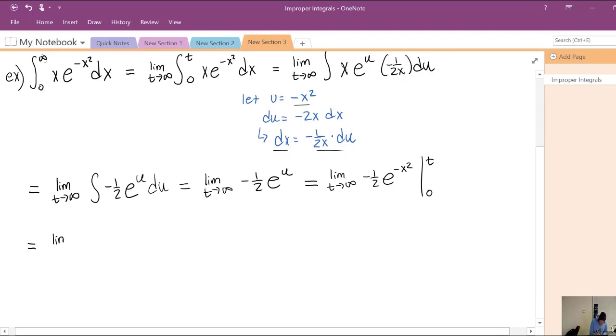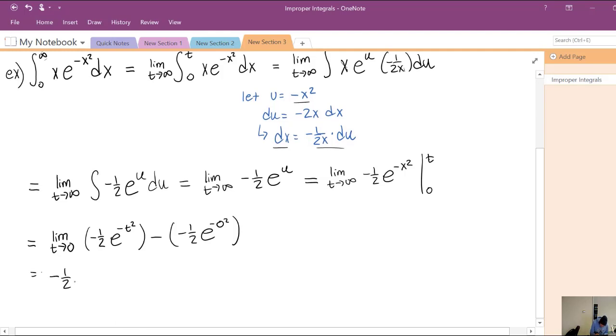So in our case, if I plug in, I get, let's see, the first term will be -1/2 e to the -t squared minus -1/2 e to the 0. Sorry, I don't know why I wrote 0 right there. t is going to infinity.